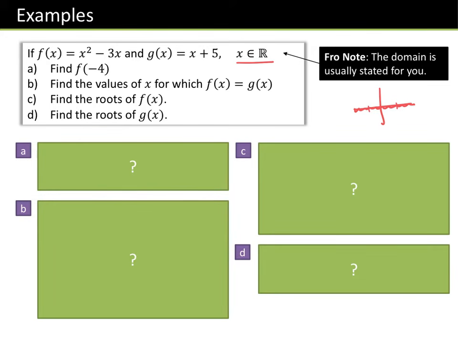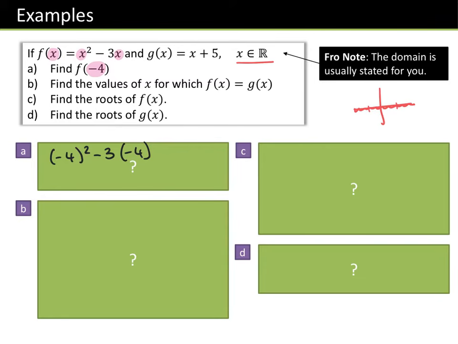So, number 1, find f of -4. So I'm going to substitute in -4. So if we think about a function, this is f of x. And everywhere there's an x, we're going to substitute in a -4. When we use substitution, we need to make sure we put brackets. (-4) squared minus 3 lots of (-4).